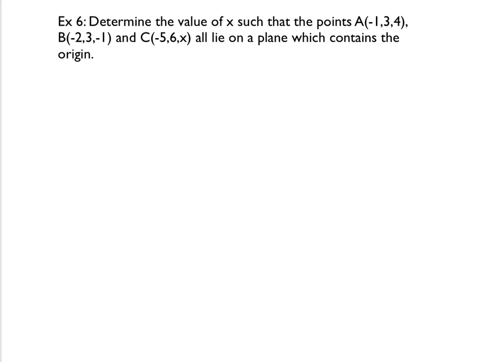Okay, for our last example, determine the value of x such that the points a, which is negative 1, 3, 4, and b, negative 2, 3, 1, and c, negative 5, 6, x, lie on a plane which contains the origin. So let's write this as a linear combination.